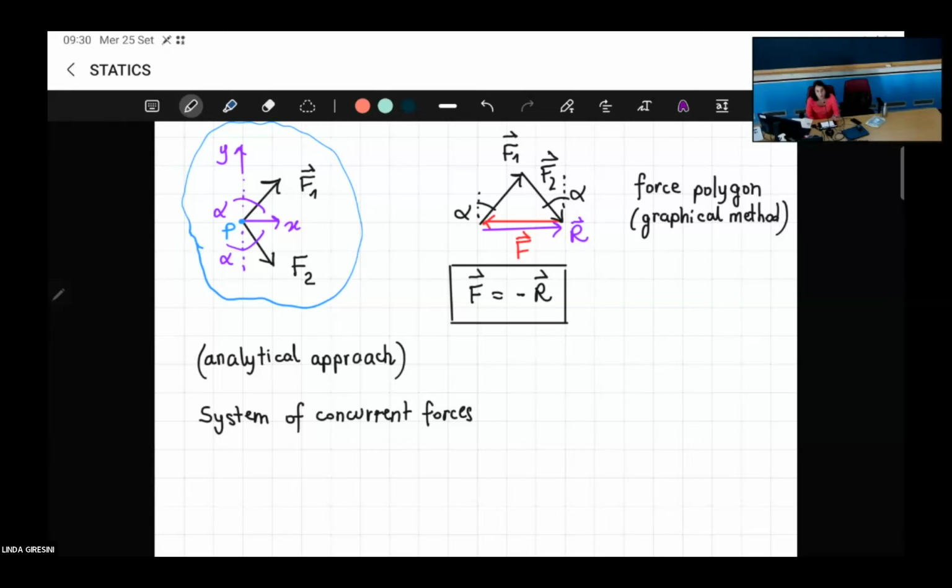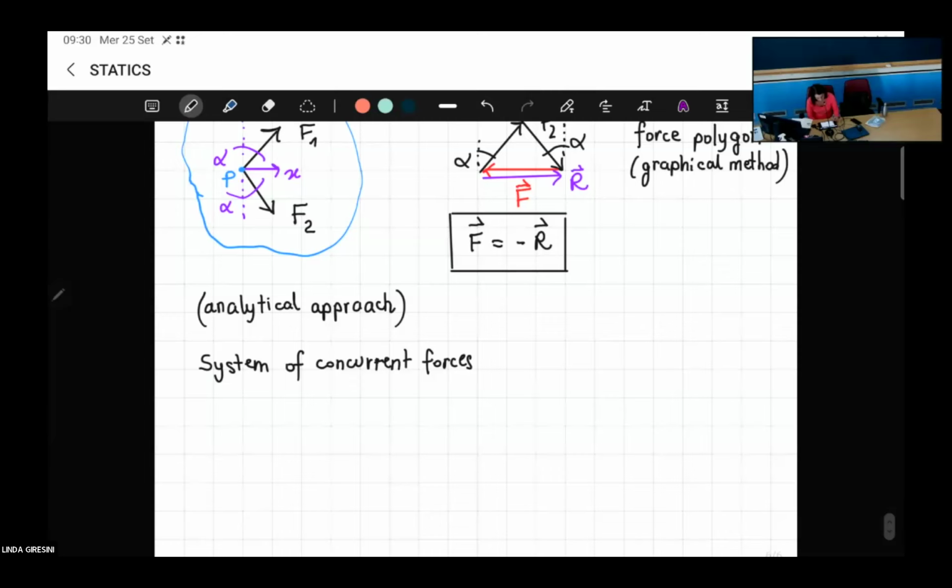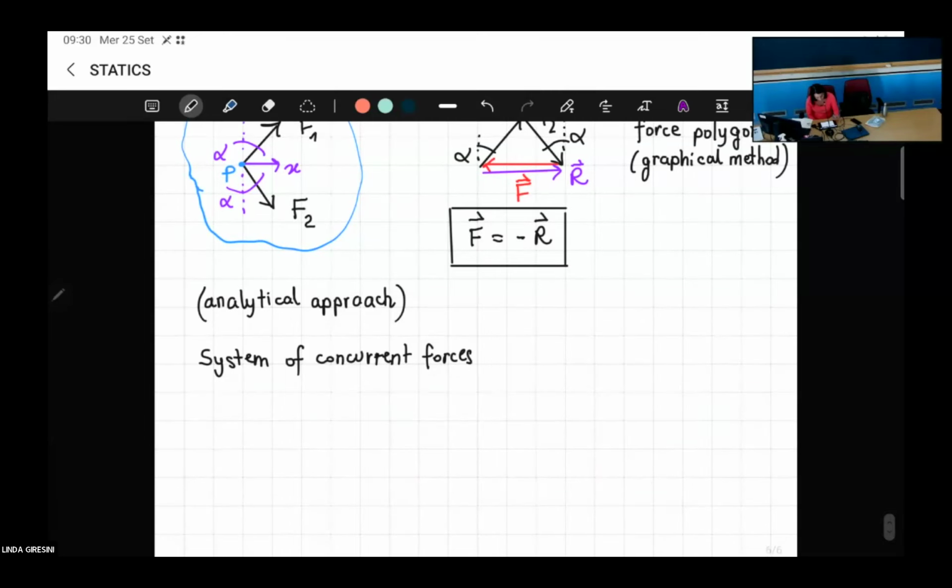We would need to use another equilibrium condition, and we will see it in a while. So in this case, we can apply two equilibrium conditions, which are the equilibrium conditions in vertical and in horizontal direction.